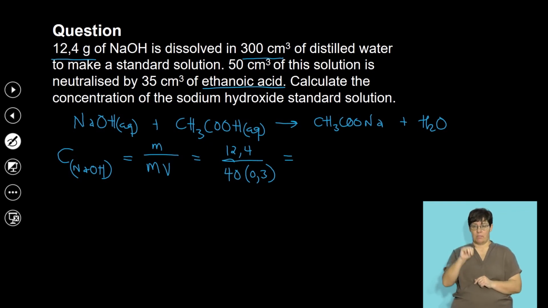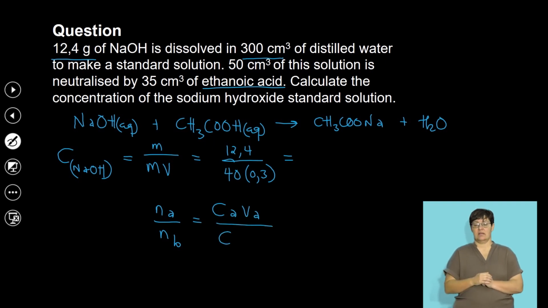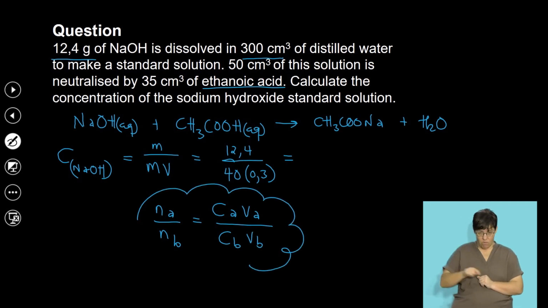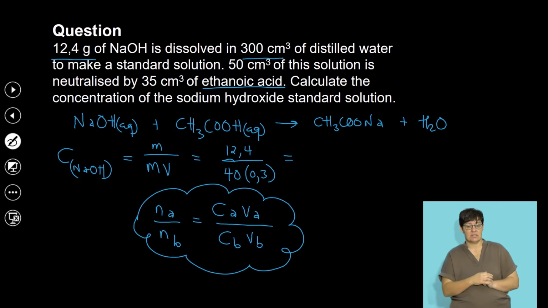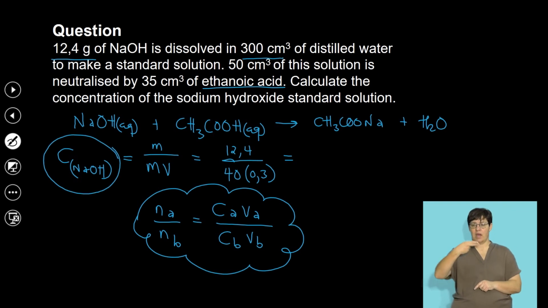So once you get the concentration of sodium hydroxide, we are then able to use the equation: number of moles of acid over number of moles of base is equal to C of acid, volume of acid, divided by C of base, volume of base. What is different in this scenario is that we are able to determine this concentration of sodium hydroxide, whatever that is, and then this becomes our standard solution, right?